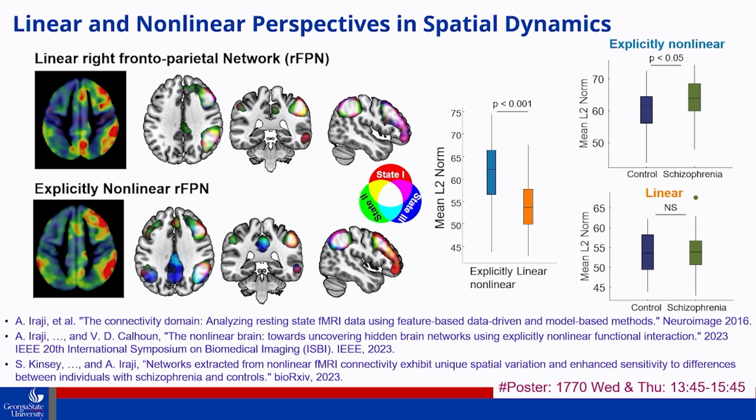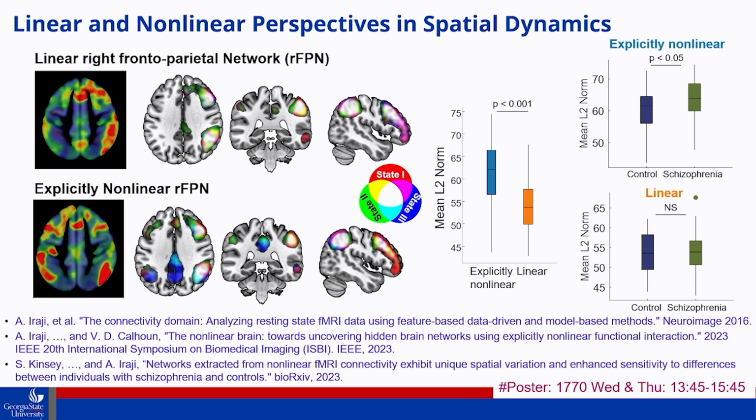In the nonlinear, we have a higher rate of variation across different states. We also see a faster speed of these spatial variations in nonlinear, which we quantify using L2 norm distance. Interestingly, this also shows significant group differences, which relates to other observations about schizophrenia working more in high frequency fluctuation.